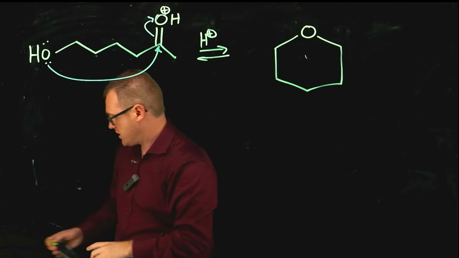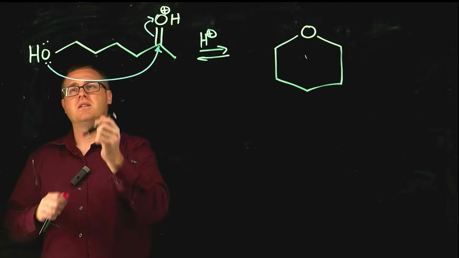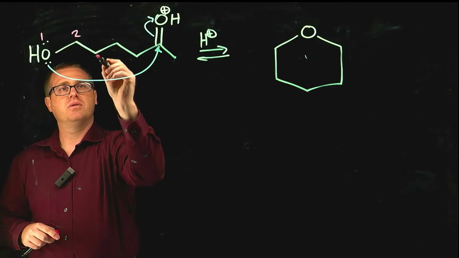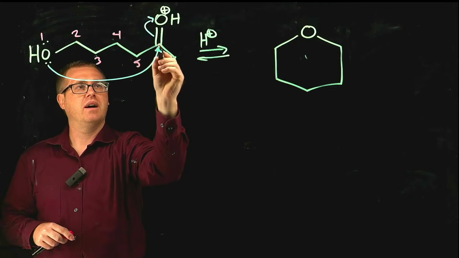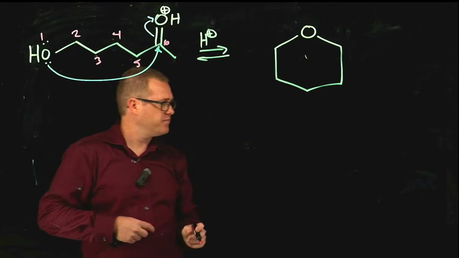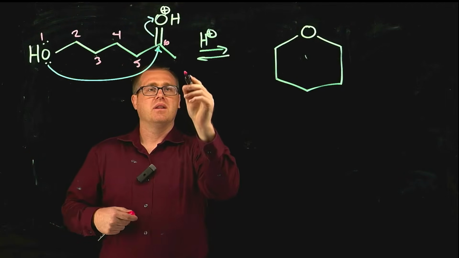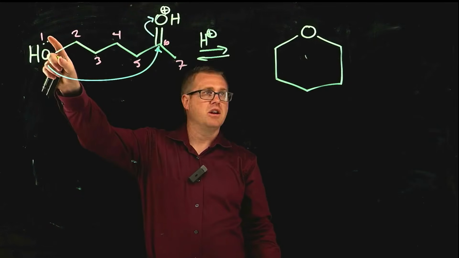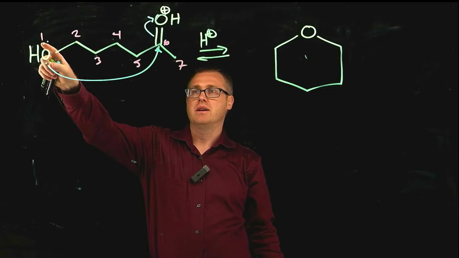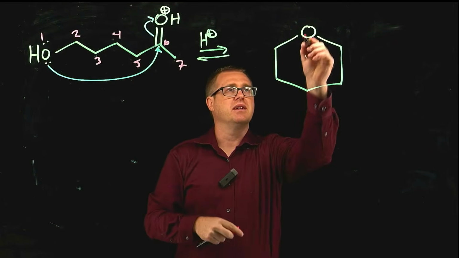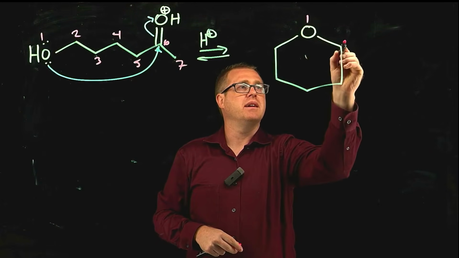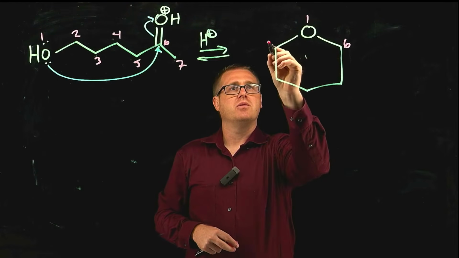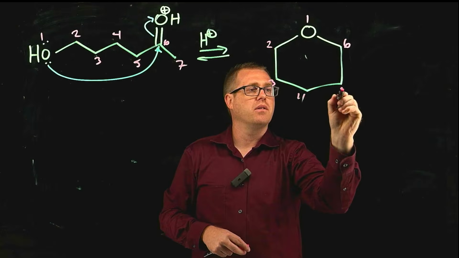If we number these carbons, let's number the oxygen 1, 2, 3, 4, 5, 6, and that would be 7, right? So it's showing me that the number 1 alcohol is going to attack carbon number 6. So that's carbon 1, that would be carbon 6. So 2, 3, 4, 5.